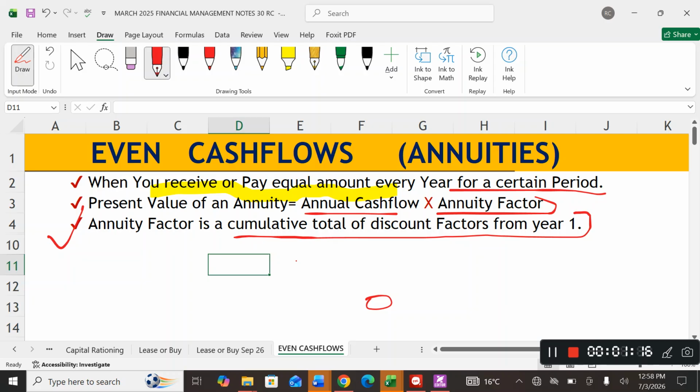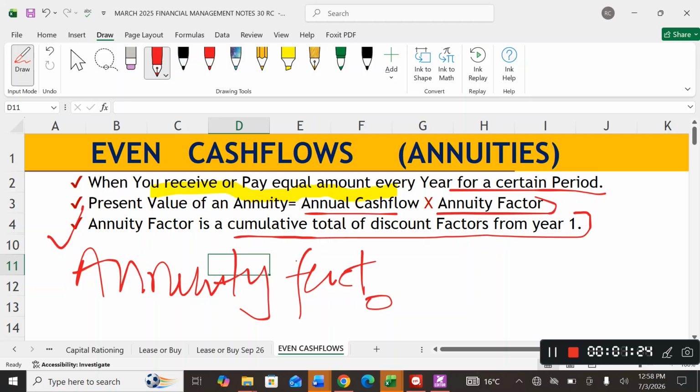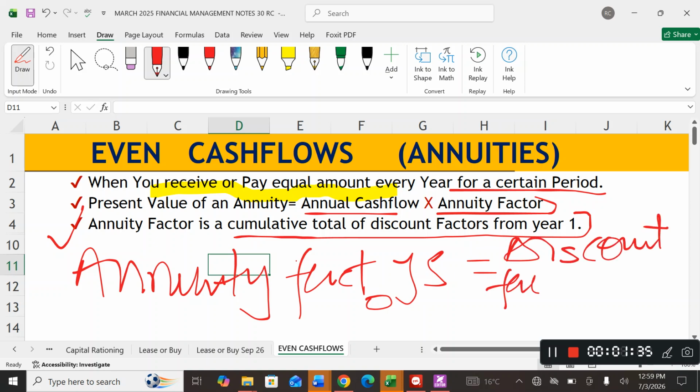If we are taking the annuity factor, for example, for year 5, it means all the discount factors from year 1 to year 5.